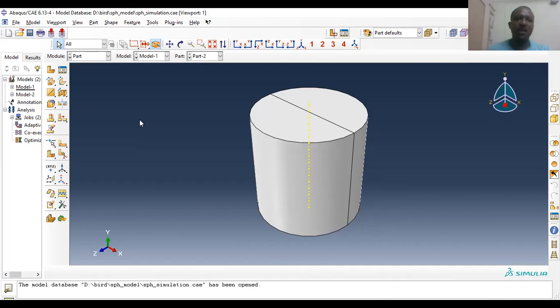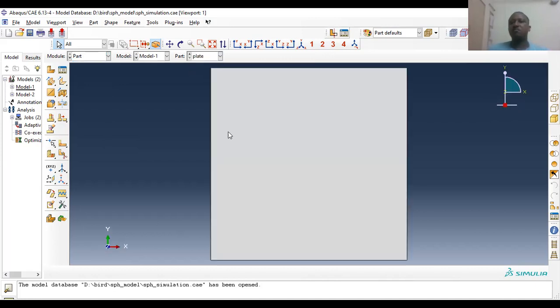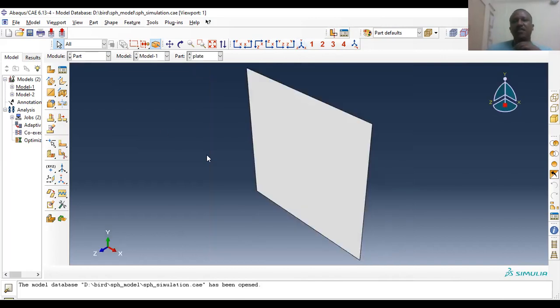So we'll create the model of the plate as an aluminum plate. For a simple analysis case, I used a conventional shell element, the S4R element.